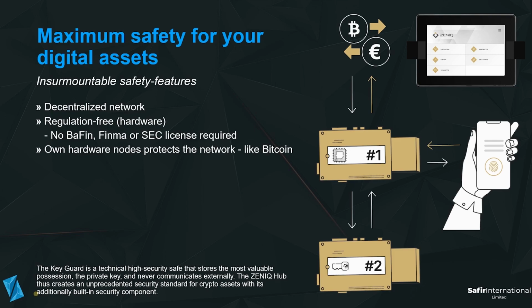And as these two chips are separated from each other and chip number 2 is not connected to the internet, this device is no specific target for cybercrime. Also, there's no third-party authentication, like for example the Google Authenticator, but the own Zeniq phone app.